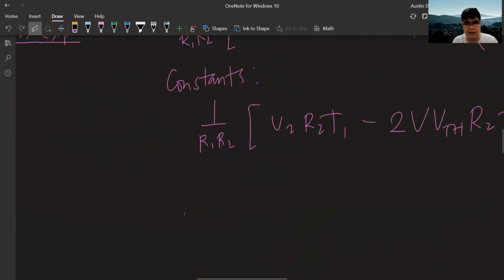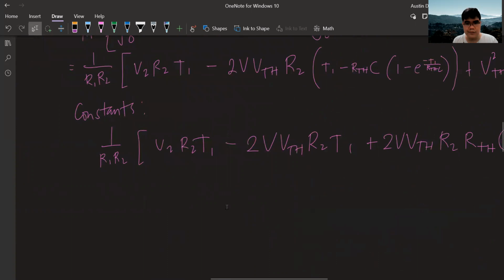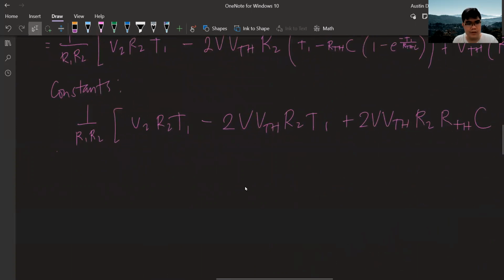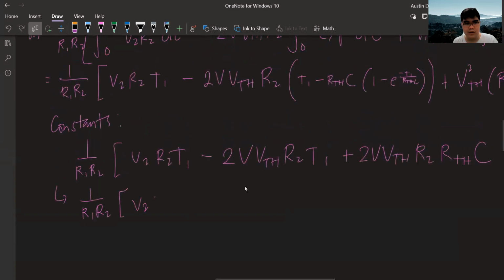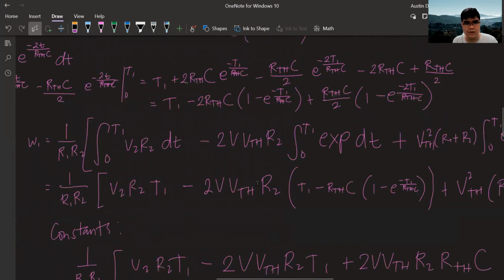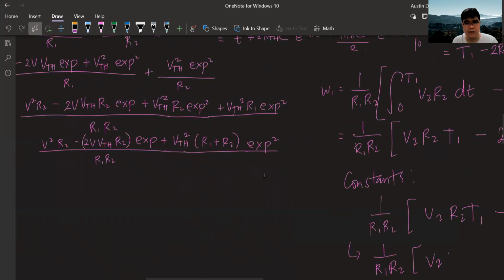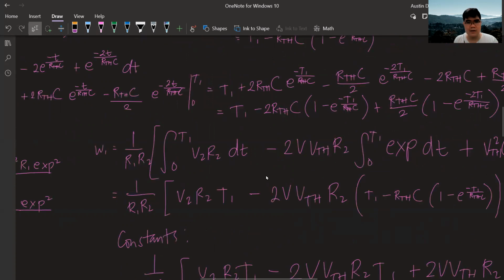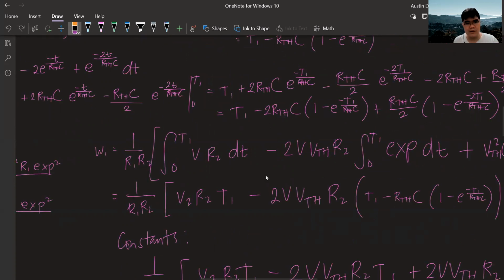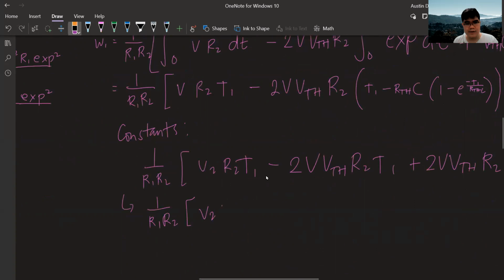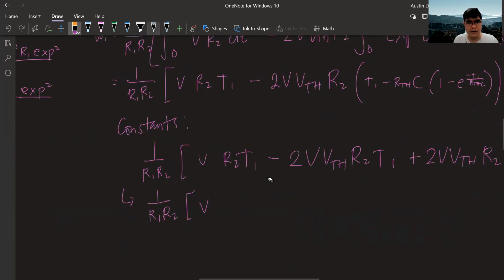So with that, this is equal to 1 over R1 plus R2 times V squared. Yan. V squared dapat. Sorry guys. Okay. Let's have it. V squared.